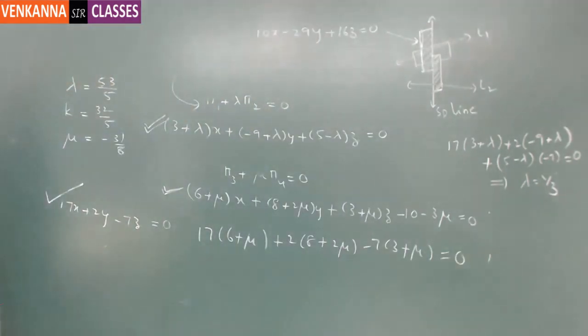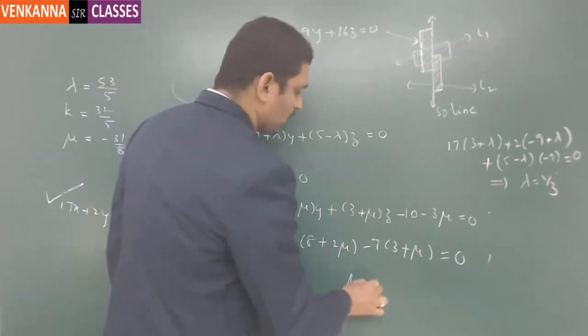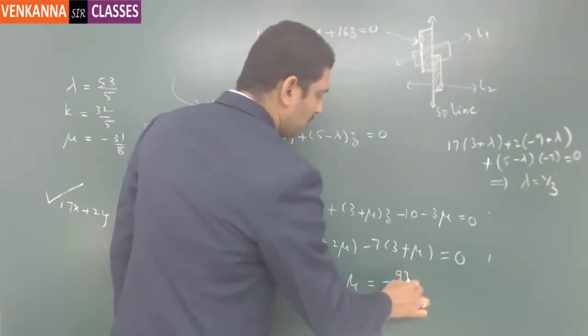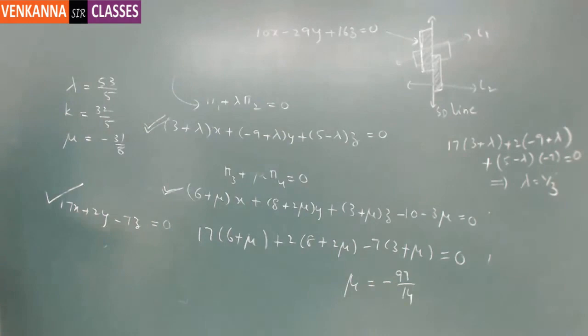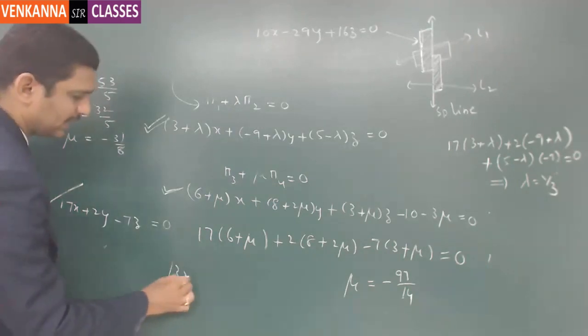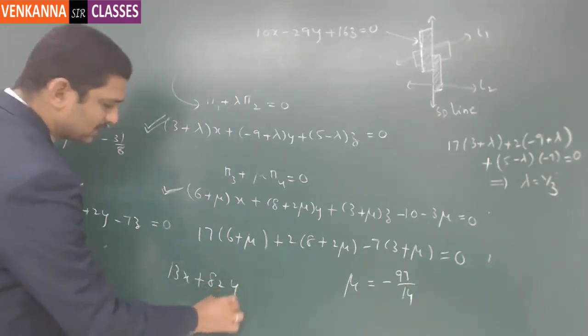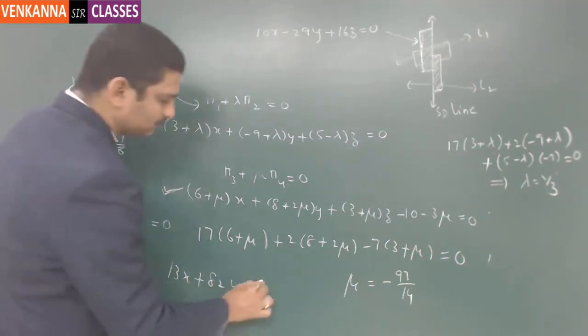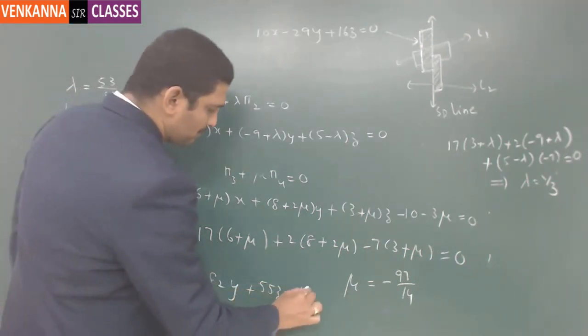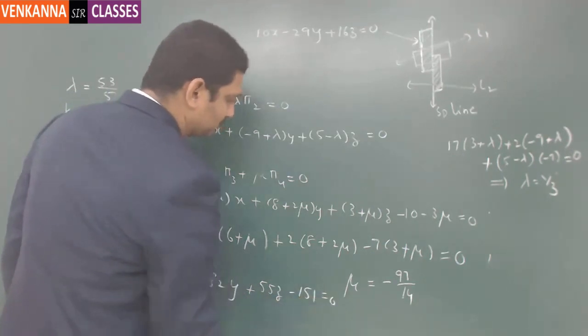If you simplify that, the value of mu will come somewhat different. It will come as mu equal to minus 97 by 14. So if you substitute the values, you are going to get 13x plus 82y plus 55z minus 151 equal to 0.